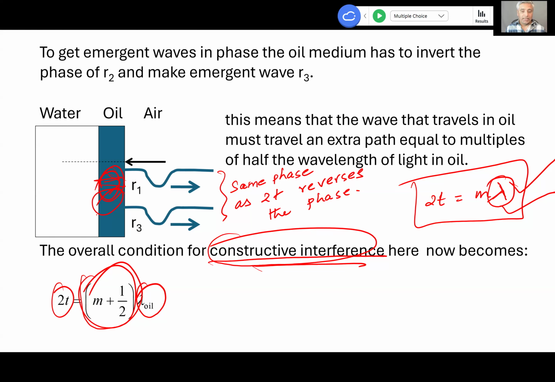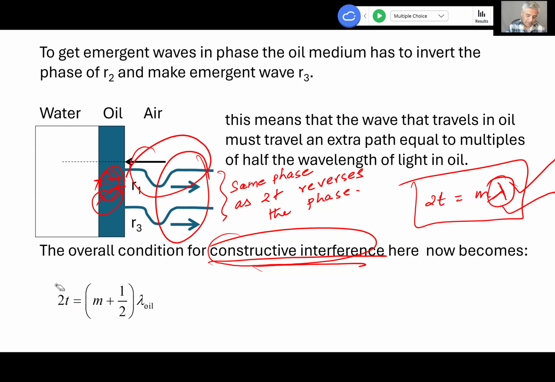That's what we want it to do, neglecting this one for the moment. And when it flips, it brings them to the same page, and because of that they constructively interfere. So that's why this equation is like this. To understand that, we had to go through this long discussion, okay?